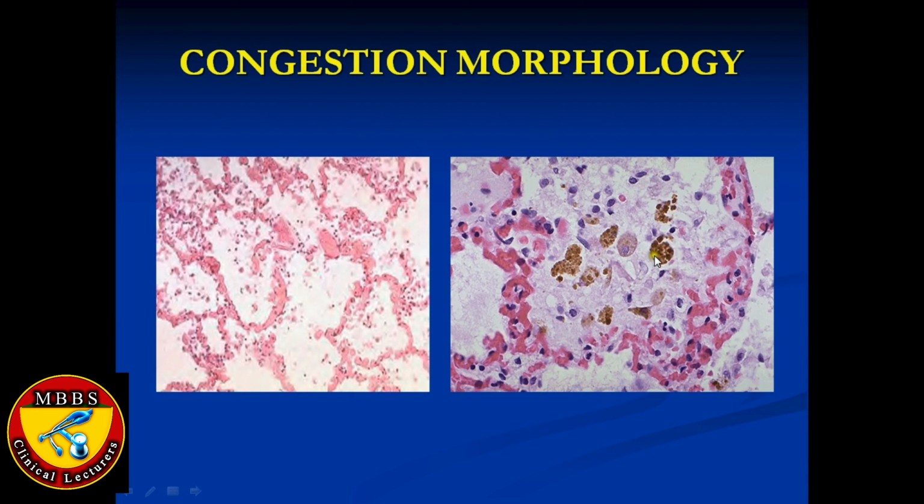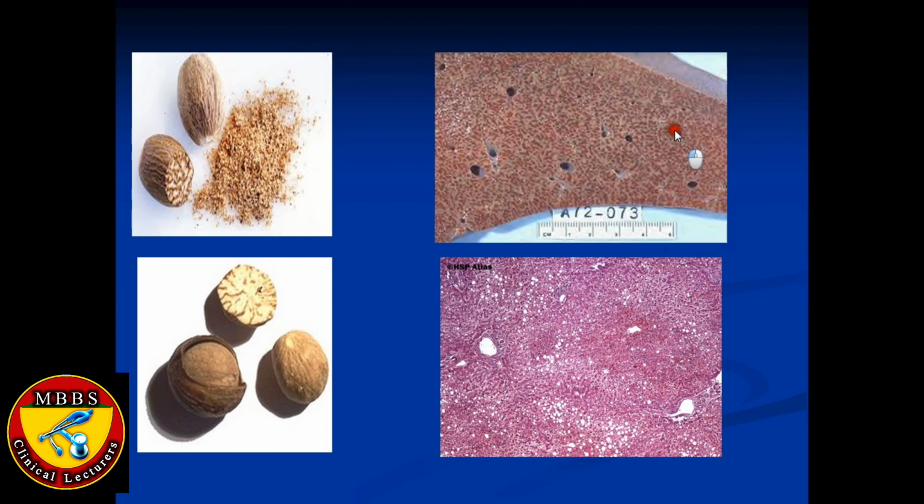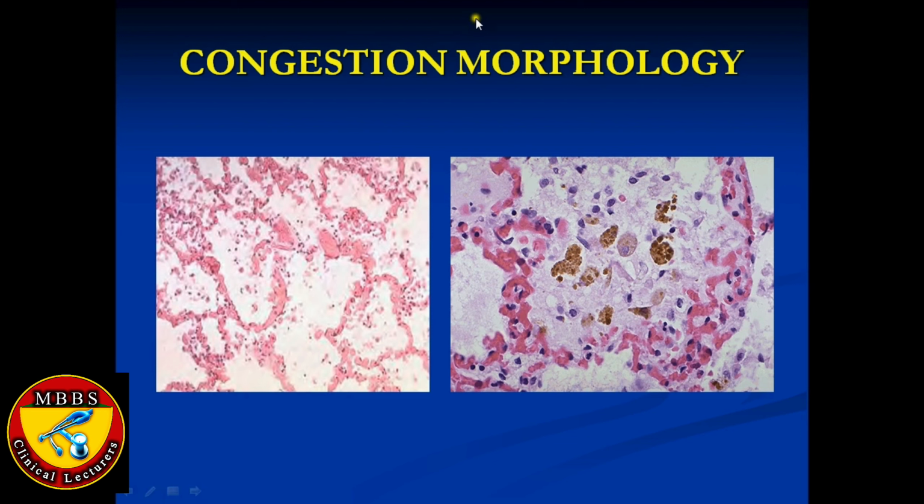This hemosiderin is then taken up by this. Here you can see a macrophage. This is the altered hemoglobin of the RBCs, that is hemosiderin, and this hemosiderin pigment is picked up by the macrophages, and these macrophages are then called the hemosiderin-laden macrophages. This here is the hemosiderin-laden macrophages. These are the alveolar septi with congested alveolar capillaries filled with RBCs.